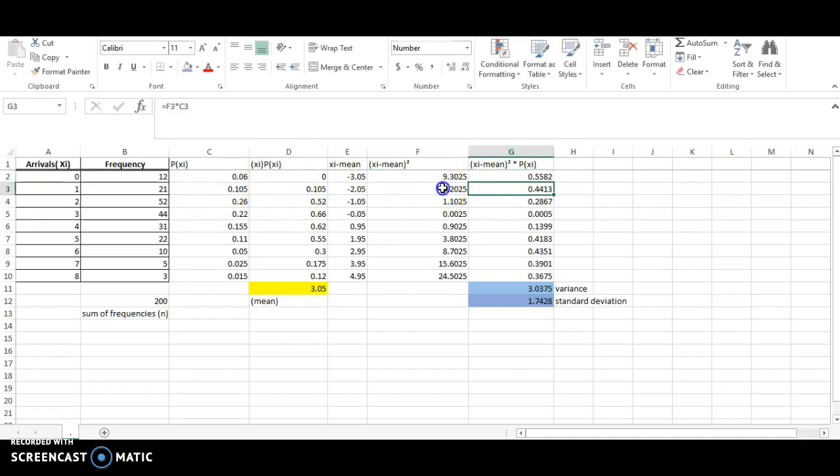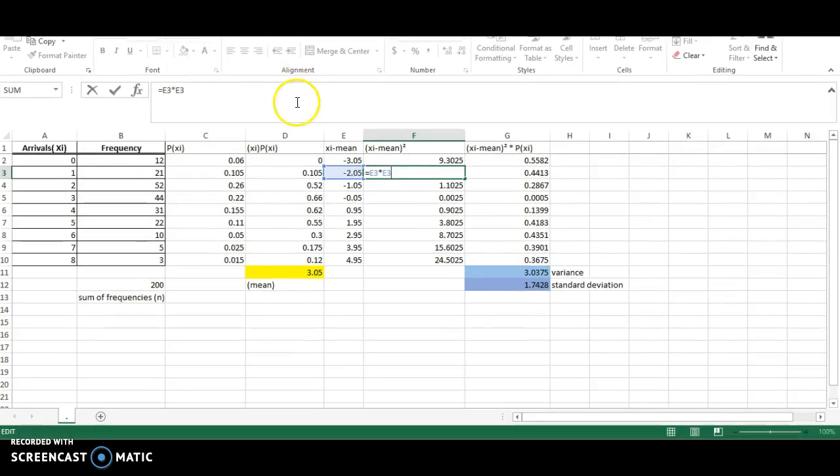For the next one, we take the number we got when we squared it times p(xi), and so forth. As you move down, it's this column times this column for each individual value.